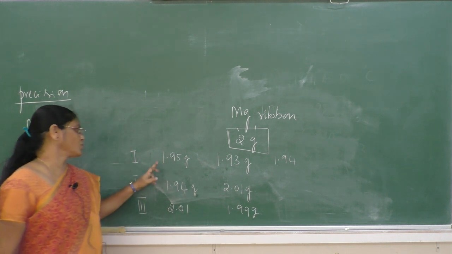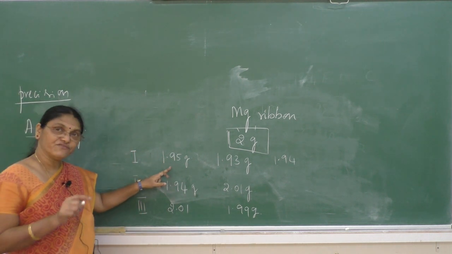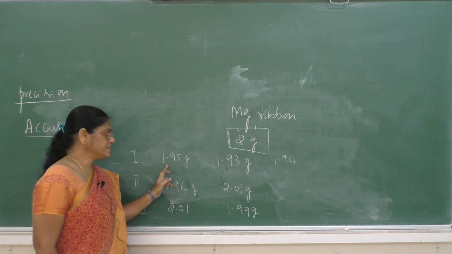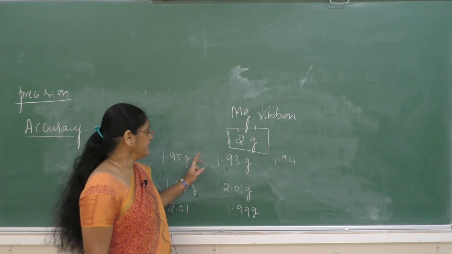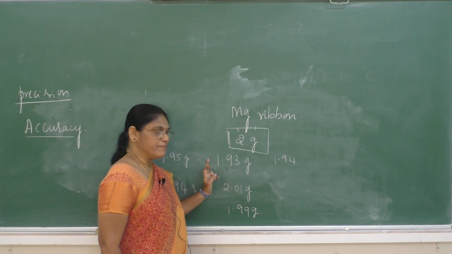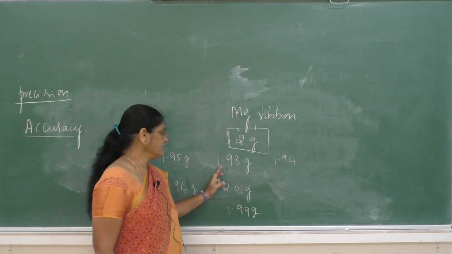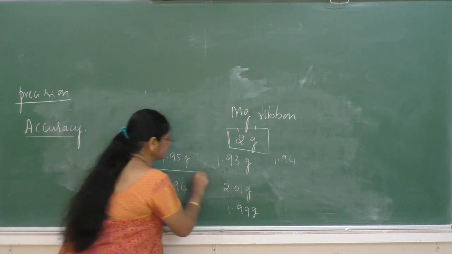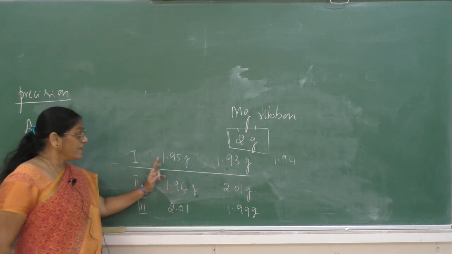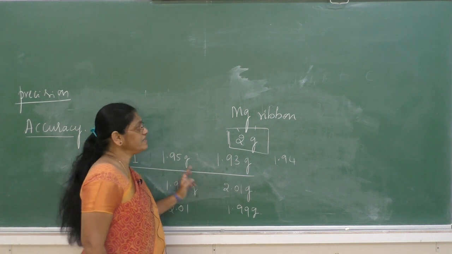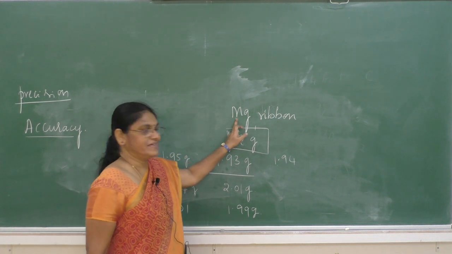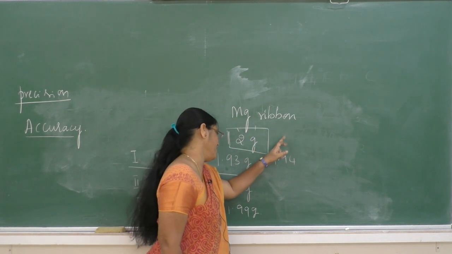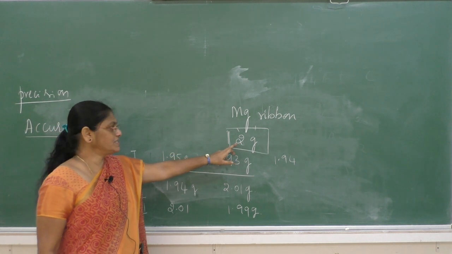The first student reports in the first measurement that the mass is 1.95 grams, and in the second measurement 1.93 grams. These are various measurements of the same quantity, the mass of the magnesium ribbon, but the actual value is 2 grams.